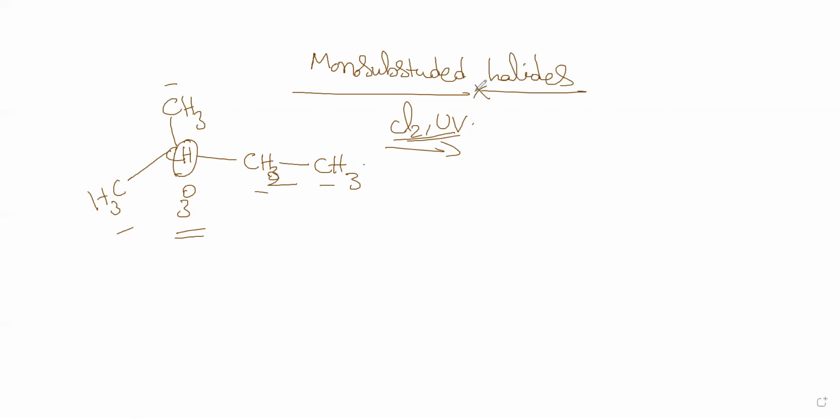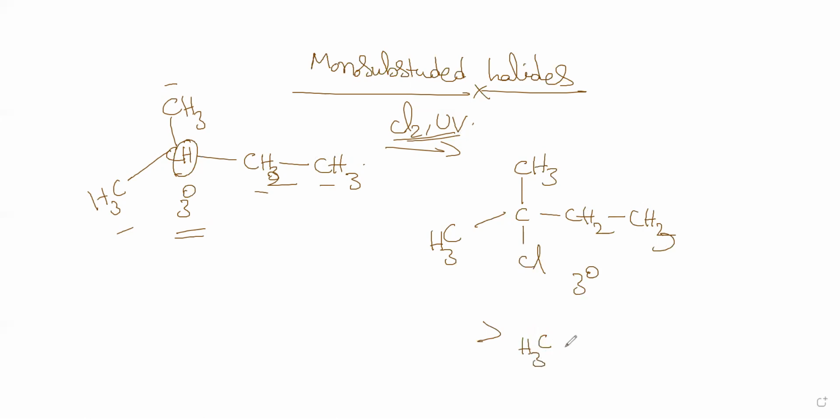Okay, so if I make mono substituted halides, which is the more yield, which will be the more amount of product? So you write the product which is containing the tertiary carbon, that is the product where you get more. So that's how you can remember. This is the one, that is the tertiary, that is greater than the secondary, where the secondary carbon you can see here, this carbon is the secondary carbon.